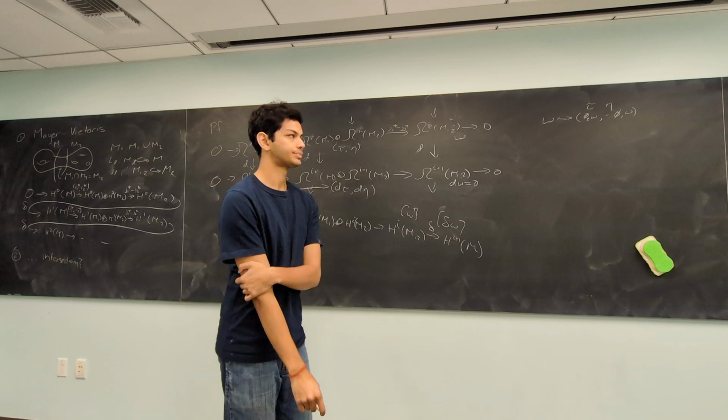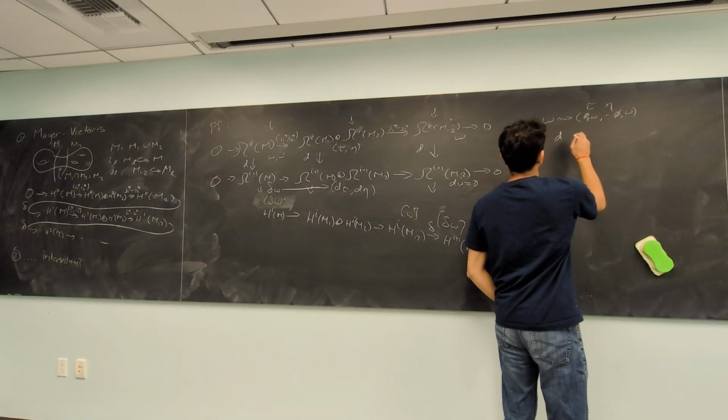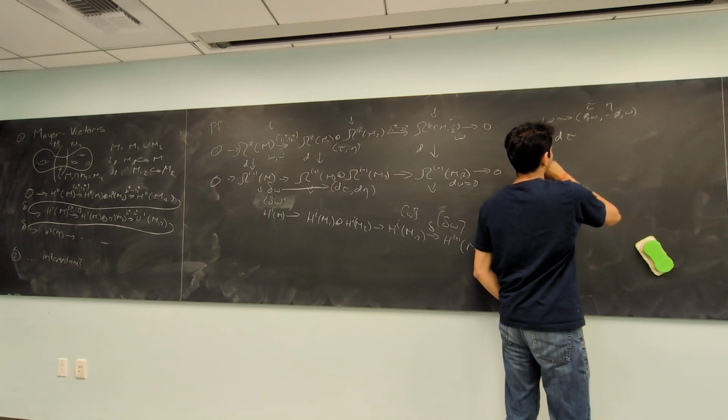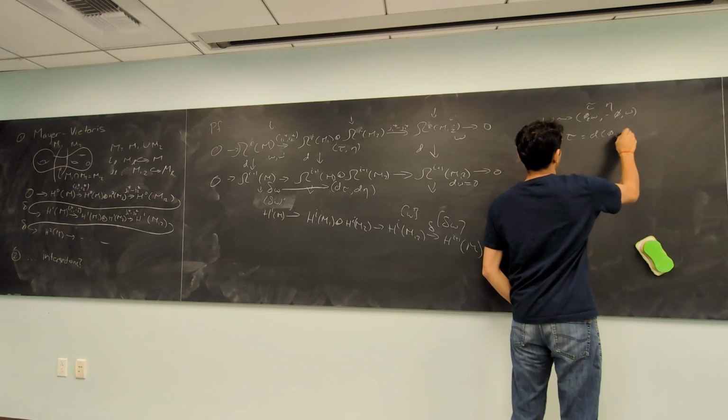Take the exterior derivative of each thing. Yeah, so we take d of tau, and this is equal to d of phi 2 omega.